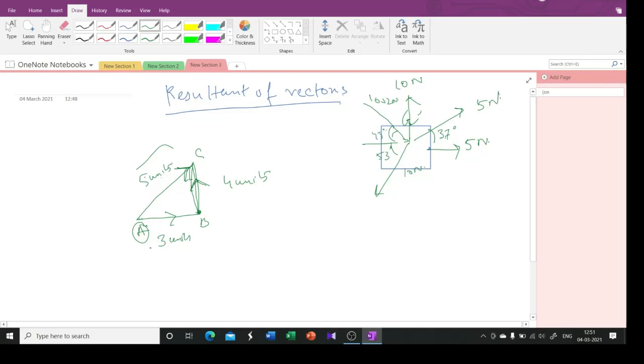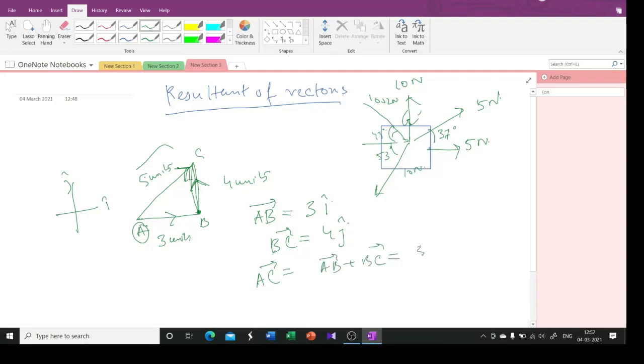So basically what happened here, you moved AB. Now if we devise a coordinate system, where this is I cap and this is J cap, then let's say AB is equal to 3 I cap, and BC must be 4 J cap. So what is your net displacement? AC, which is equal to AB plus BC, like 3 I cap plus 4 J cap. So there were two vectors in play, AB vector and BC vector.